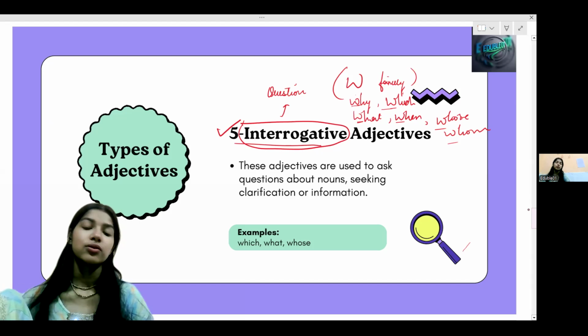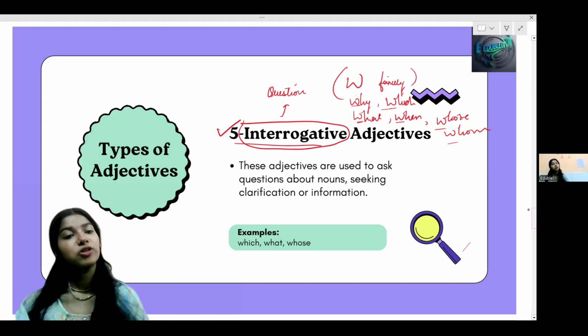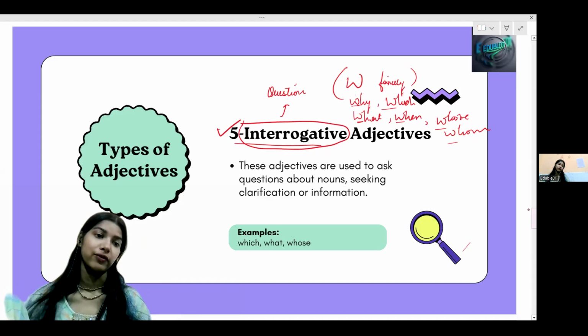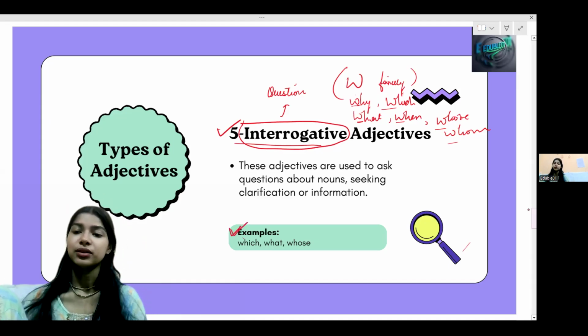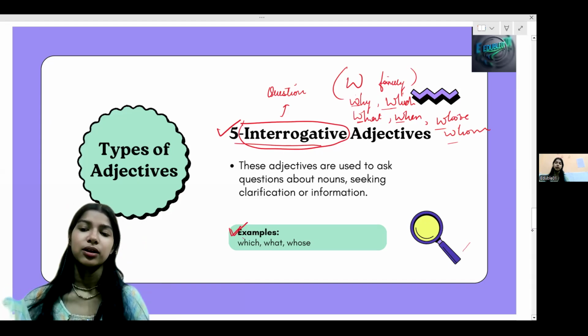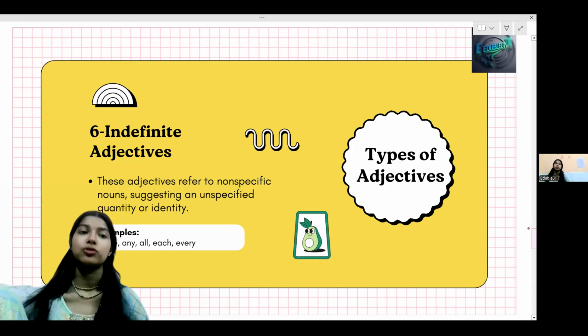These questioning words are called the interrogative adjectives. Okay, so these were very easy things that we have learned, and we have been learning this from the very starting, when we started the nouns or the pronouns, any parts of speech.